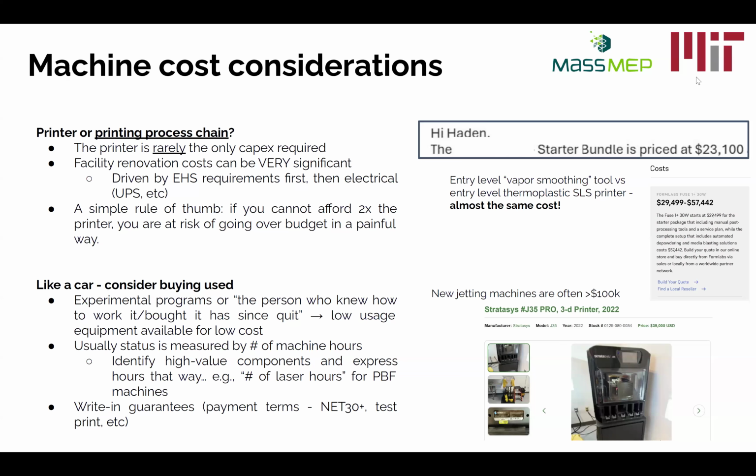But because they didn't watch that webinar, or for whatever reason, they bought a machine. You can buy machines that have a very low number of hours on them. And the way that you think about assessing used machine quality is you want to find the highest value component that is most likely to fail and cost you a lot of money later on and be very painful.